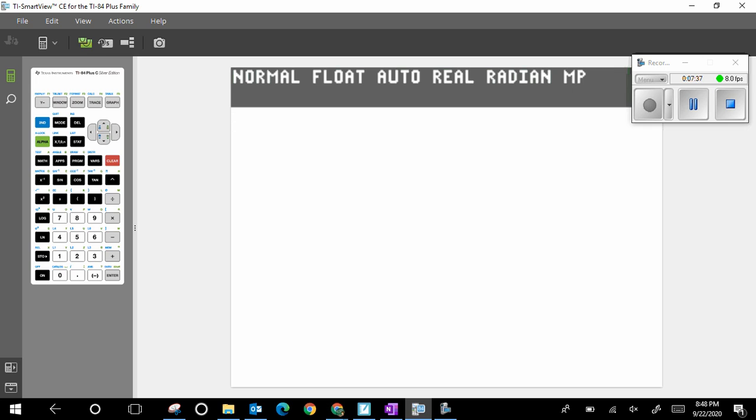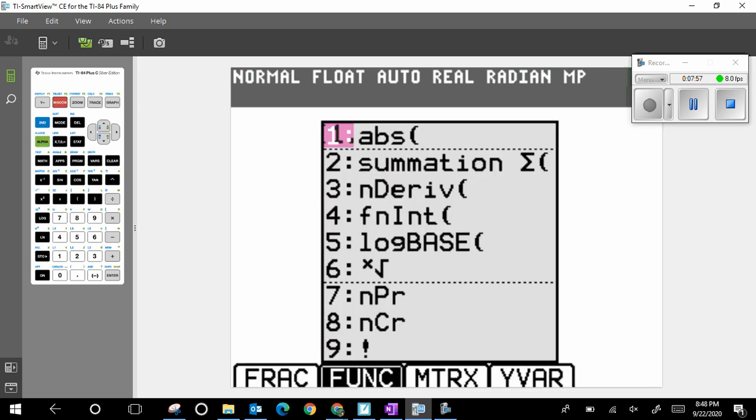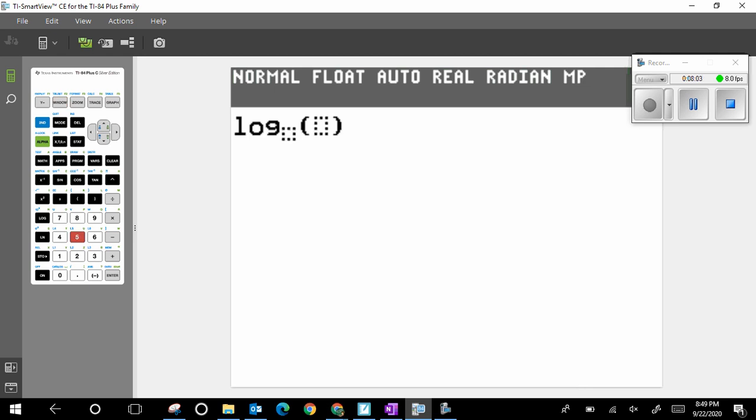It's called the common log, and it's base 10 because it corresponds with the decimal system. So if we need to do a different base for the TI-84s, you need to press your alpha key, and up here above window it says F2, and number 5 says log base. Then it sets it up for you.